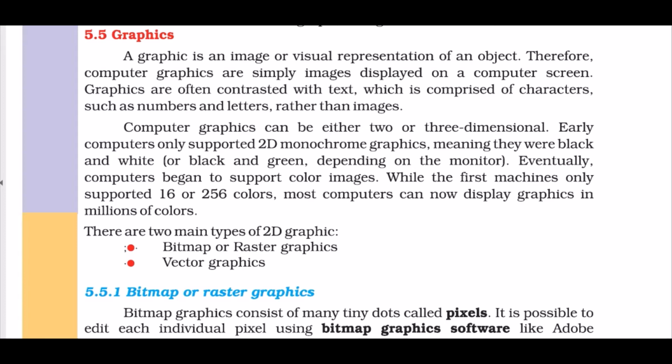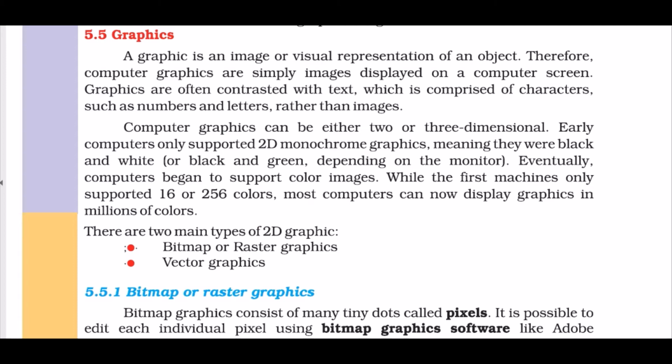Whatever you are looking at on your smartphone or a computer, that is basically an image. That is graphic representation. Computer graphics can be either 2 or 3 dimensional, 2D or 3D. Early computers supported only 2D monochrome graphics.